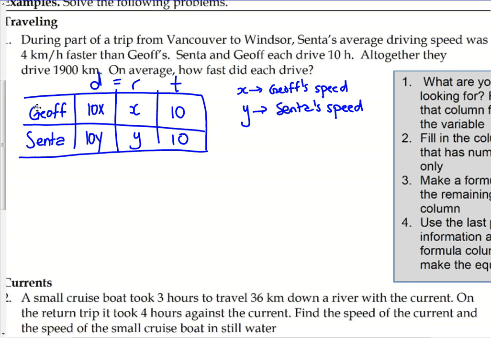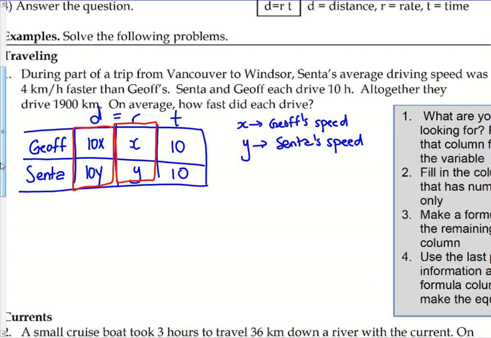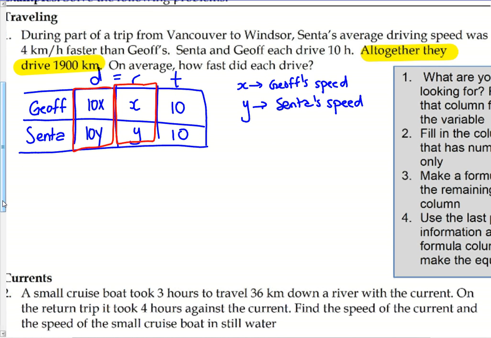So now we need to relate the two boxes with information above that have variables. Is there a relationship between their distances? What does it say above about their distance? Together they drive 1,900. So what are we going to do with these two distances? We don't know if they're the same. We can't assume that they drove the same distance, right?